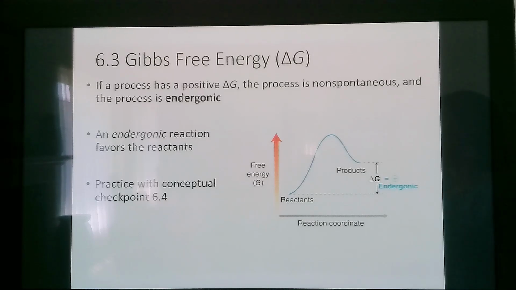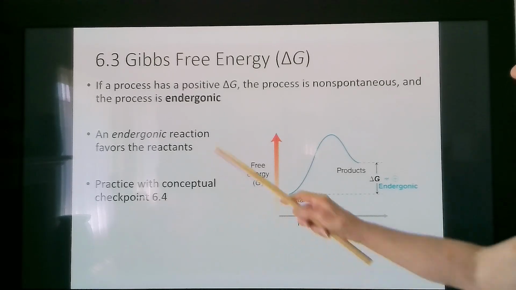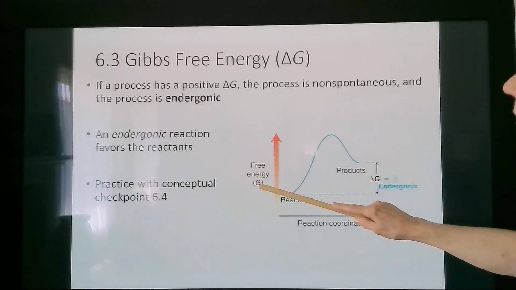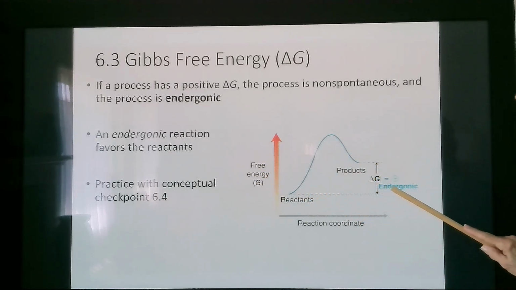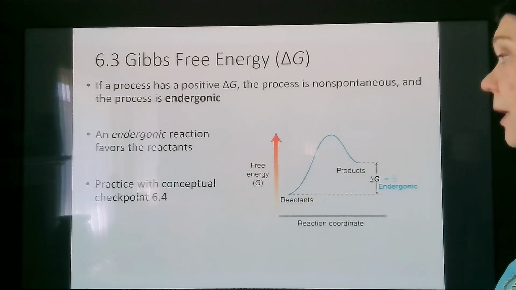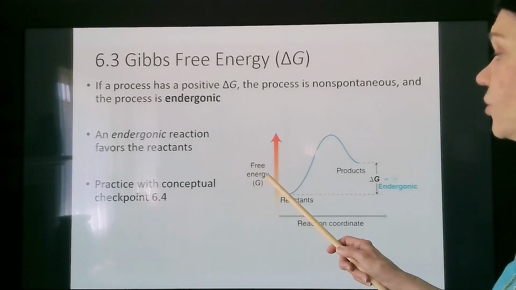If the opposite is taking place, if you have a positive delta G, if the reaction is uphill and you're considering the free energy, this is called endergonic. That would correspond to endothermic in the enthalpy, if you're considering enthalpy instead of free energy.